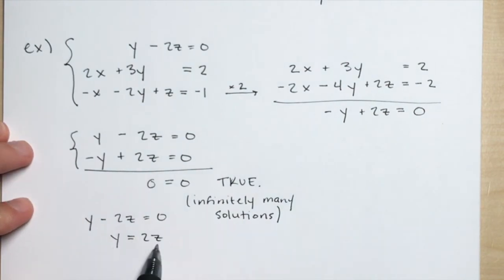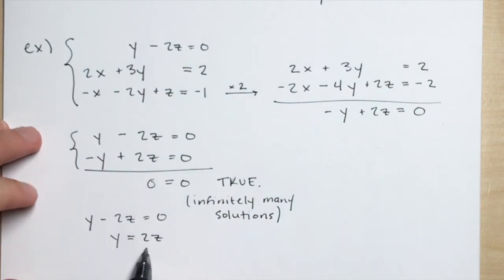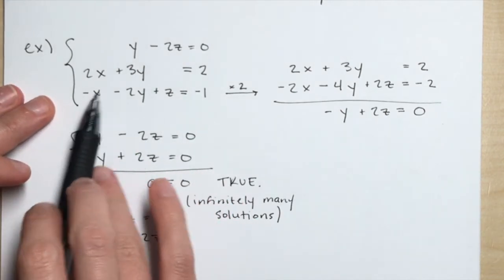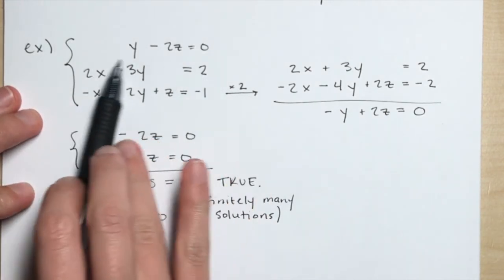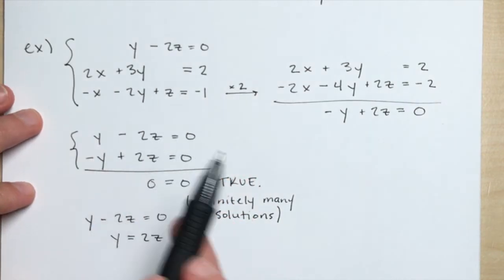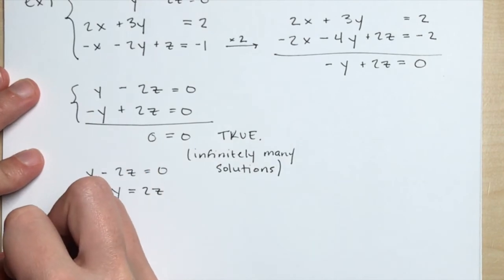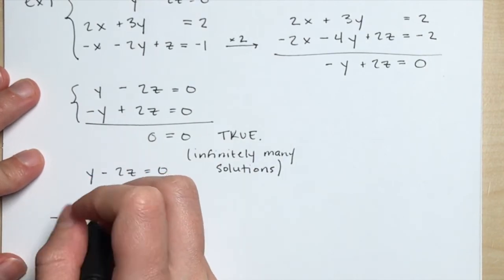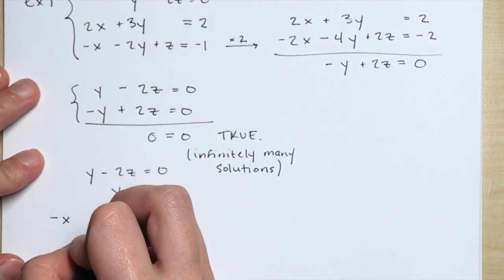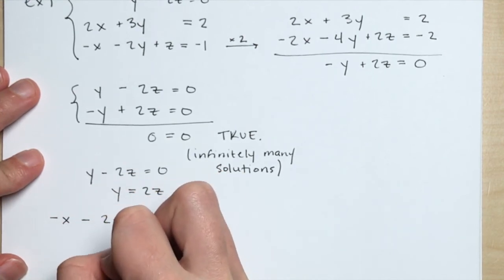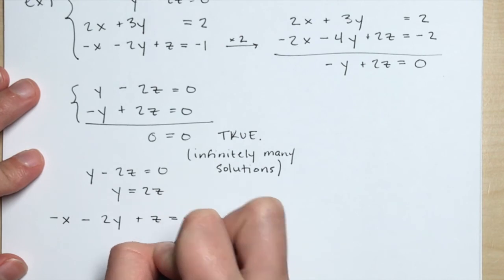Now we just plug this into our one and only 3-variable equation. I guess we could also use this 2-variable equation. Either way, doesn't matter. We have negative x minus 2y plus z equals -1.